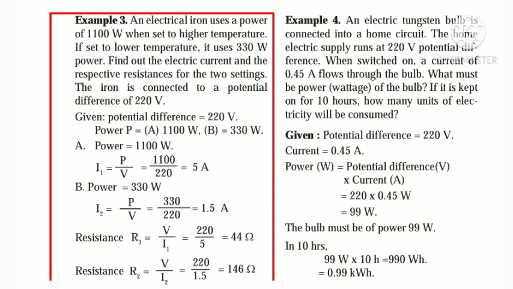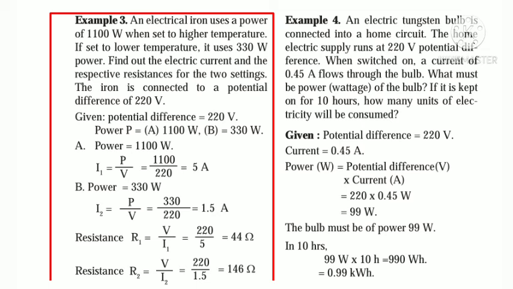And in B part of this example, power P is equal to 330 watt, I2 is equal to P divided by V is equal to 330 upon 220 is equal to 1.5 A. Means in first case, resistance R1 is equal to V upon I1.